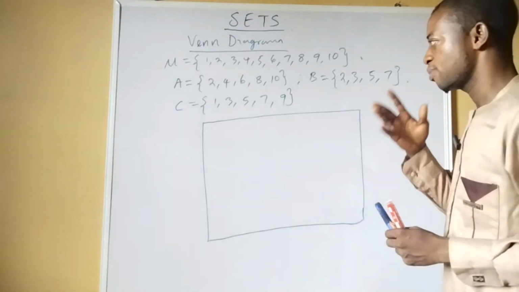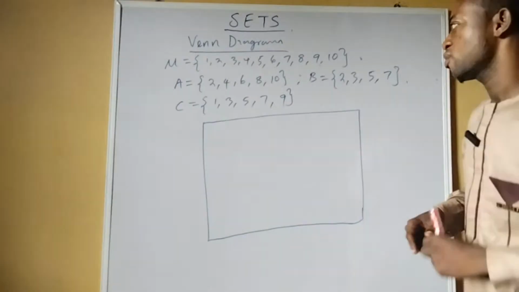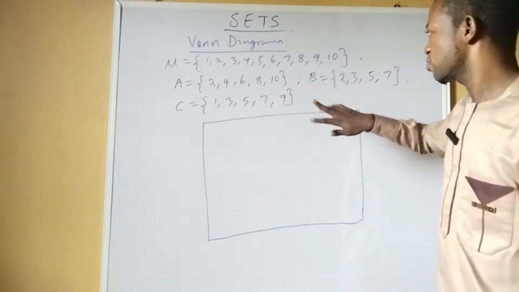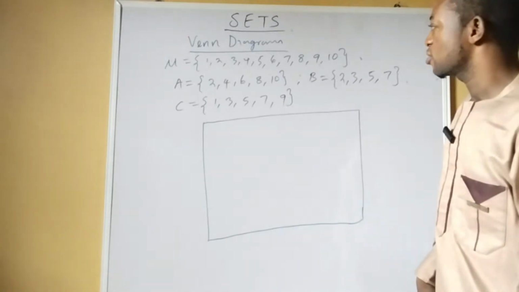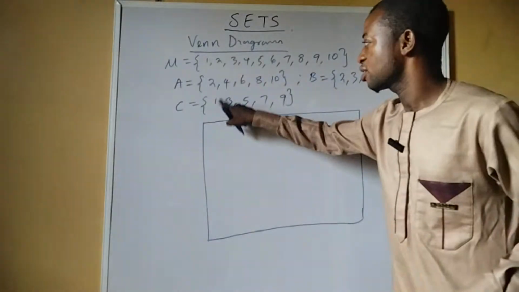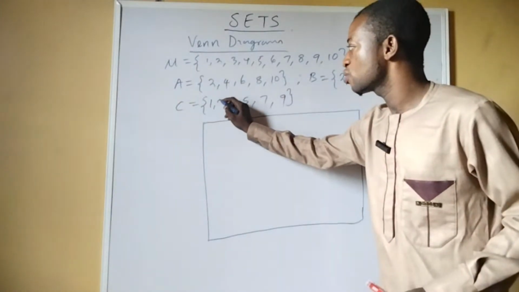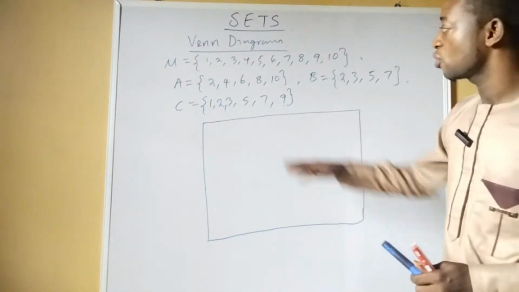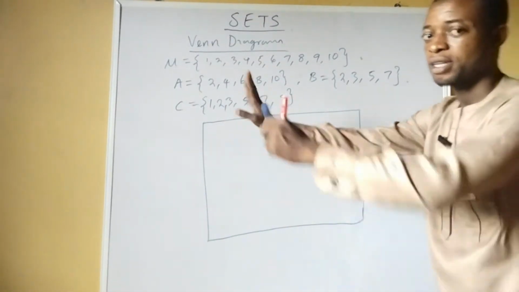So I might not want to use this because there is nothing common to all the 3. So pardon me, I would like to put 2 here. I just want to use it as an example. So it's no more a set of odd numbers again. So I've described another set entirely.